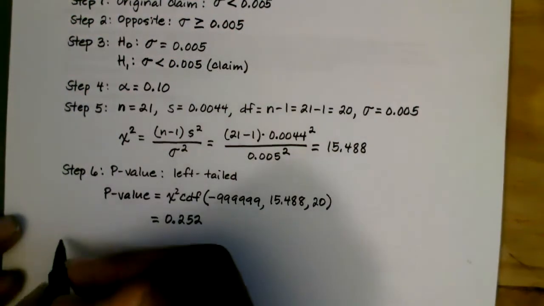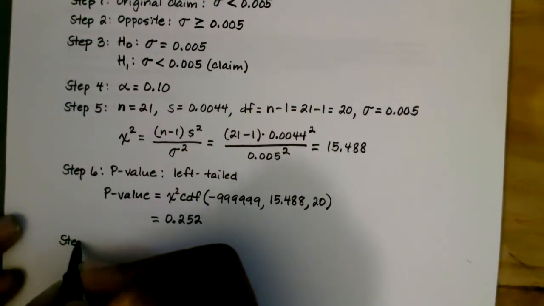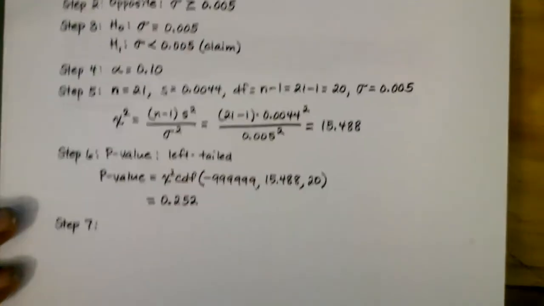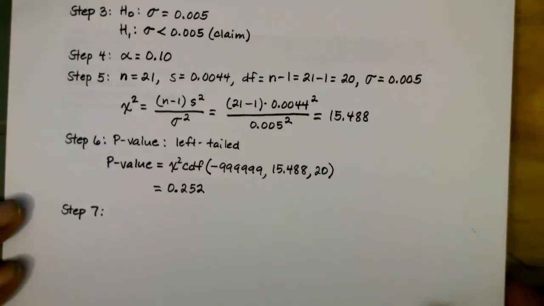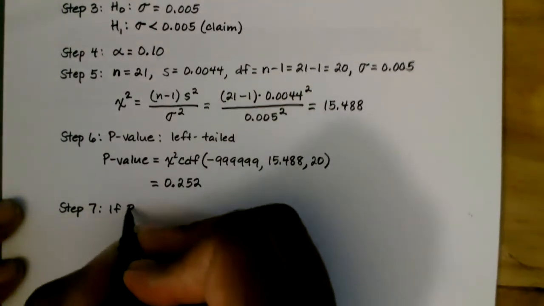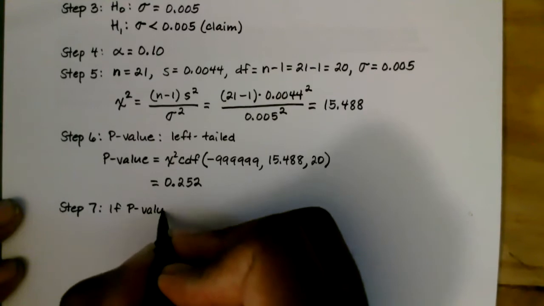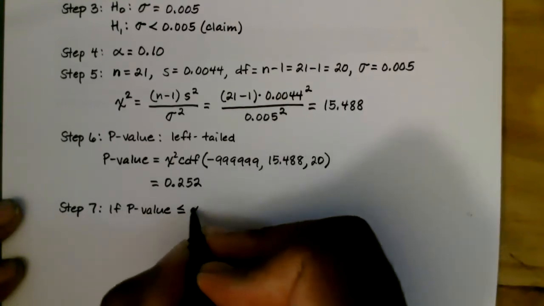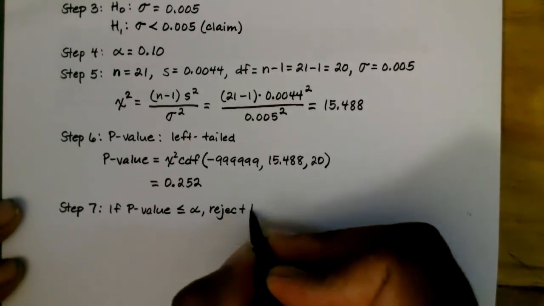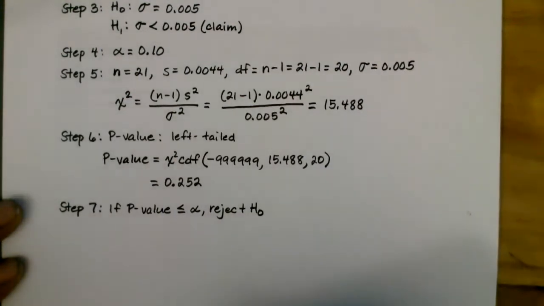Now, step number 7 is deciding whether to reject the null or fail to reject the null. That's our decision rule. If our p-value is less than or equal to alpha, reject the null hypothesis. Otherwise, you fail to reject the null hypothesis.